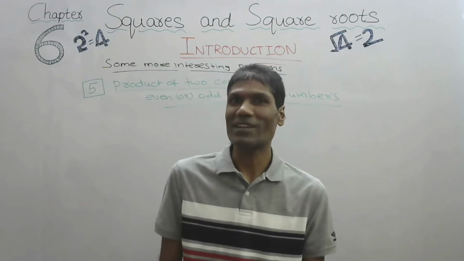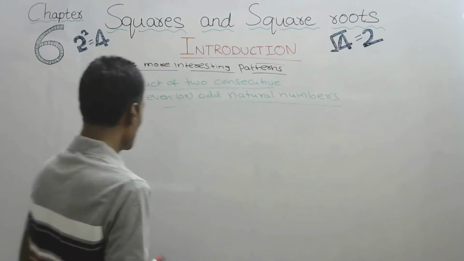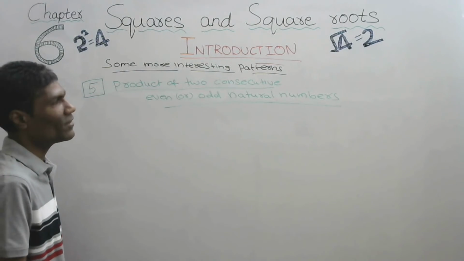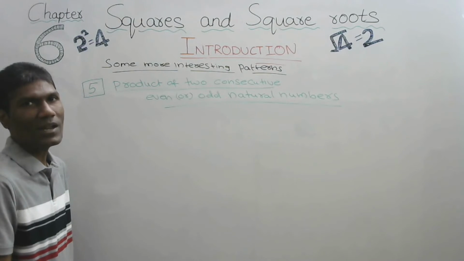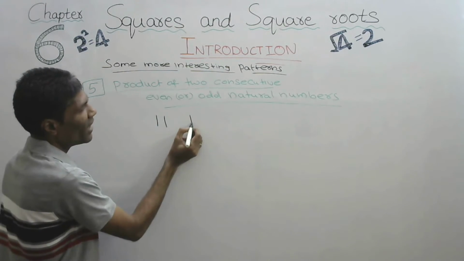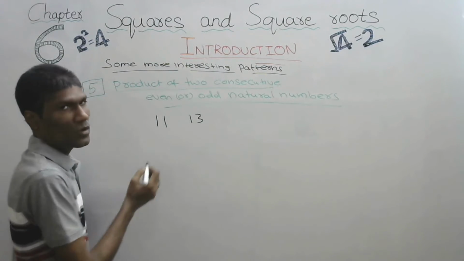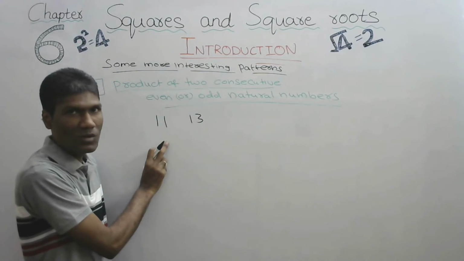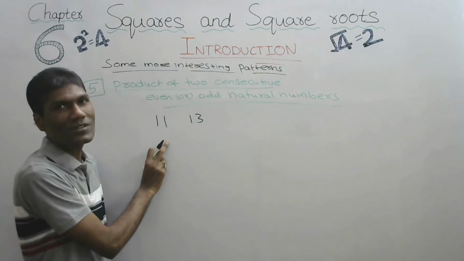Next interesting pattern is like this. See, the product of two consecutive even or odd natural numbers. Let us consider 11 and 13. Are these two consecutive numbers? No. What are consecutive numbers?